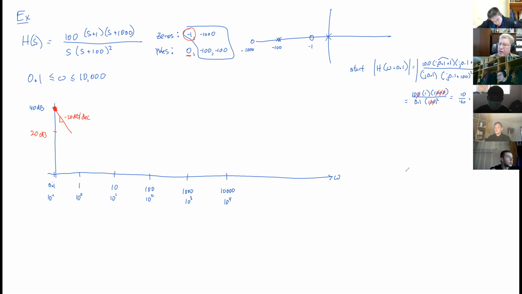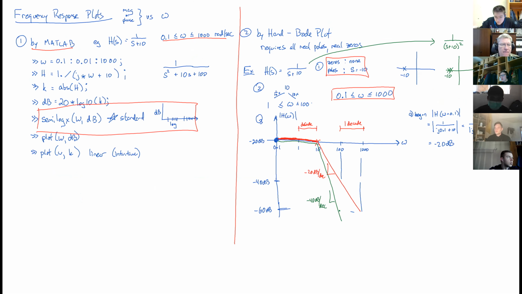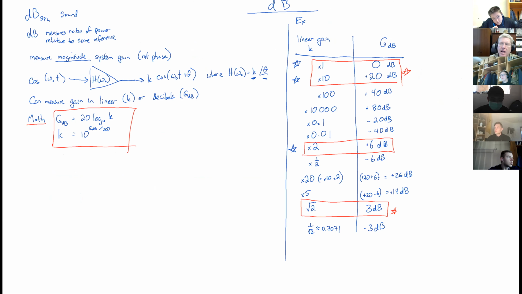If you're really curious, it's a good question. Say you've got a transfer function that looks like this: H of omega is j omega plus 10, and if we want to graph its magnitude, that's its magnitude.